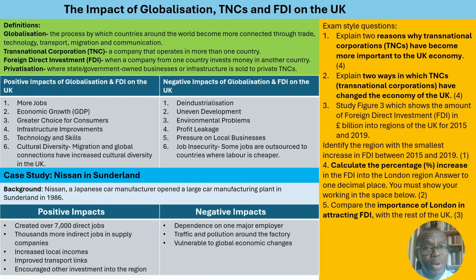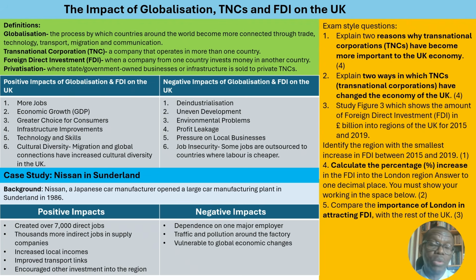Then a transnational corporation, or TNC, is a company or an organization that has operations in more than one country. So it's operating in more than one country. Apple is an example, Nike is an example. These companies are American companies, but are found almost everywhere across the globe. Then foreign direct investment, or FDI, is the money that is invested mostly by TNCs. So it's money that is coming from outside the country.